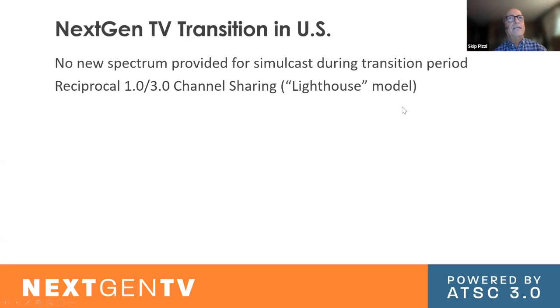But basically, the idea is that let's say a typical lighthouse has maybe 5 stations involved. These 5 stations get together in a given market and say, okay, one of us is going to go to 3.0 today, and the other 4 will pick up our services on that 3.0 channel, which will no longer be viewable by legacy receivers.